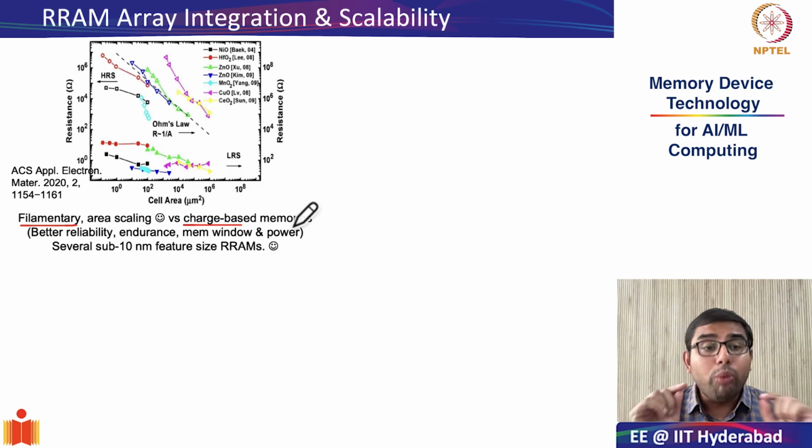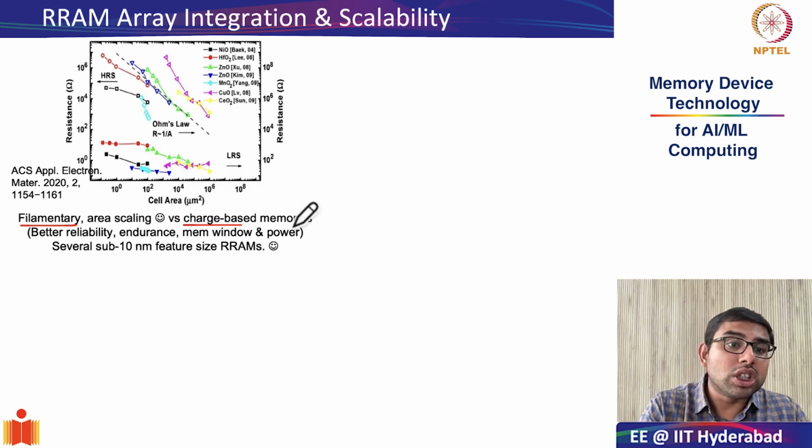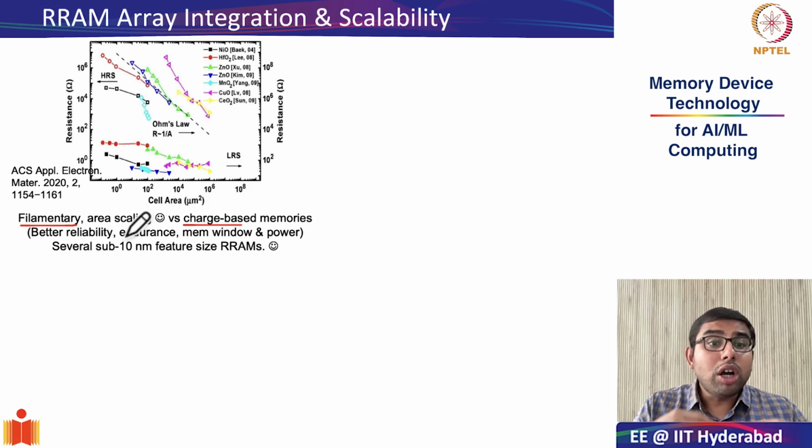However, in filamentary systems such as RRAMs, as you reduce the cell area, not only do you get better reliability and endurance, your memory window and power requirements also come down. Why does this happen? We see better reliability because in a smaller cell area, the chances of defects occurring randomly also reduce, and therefore reliability and endurance improve.